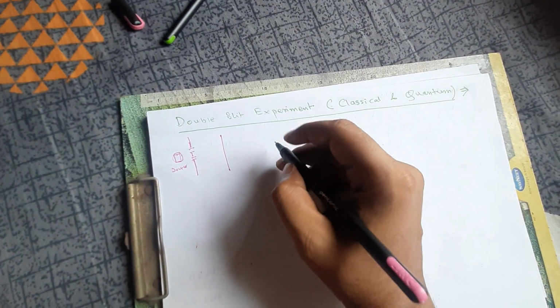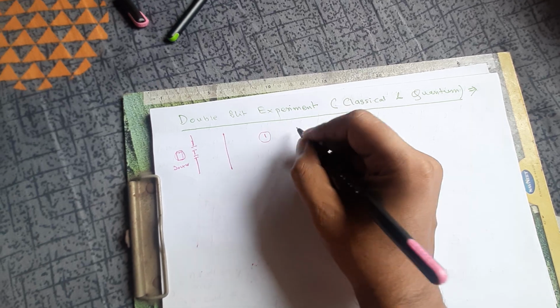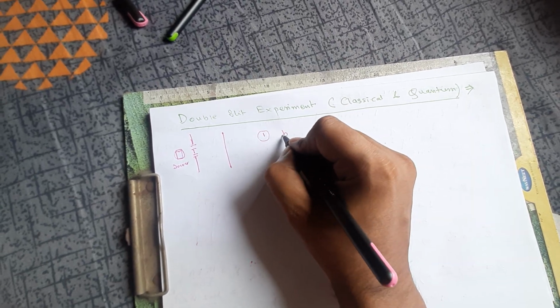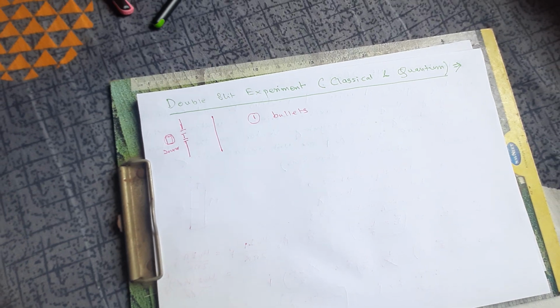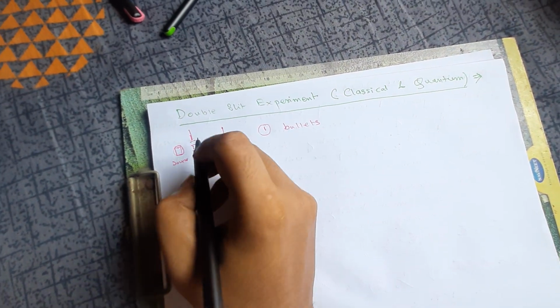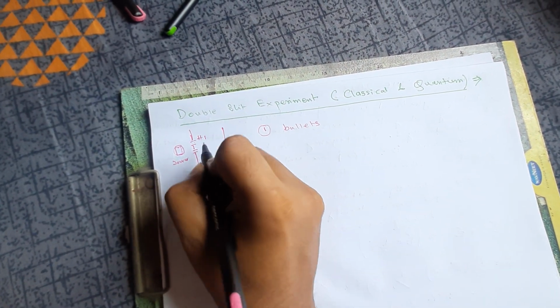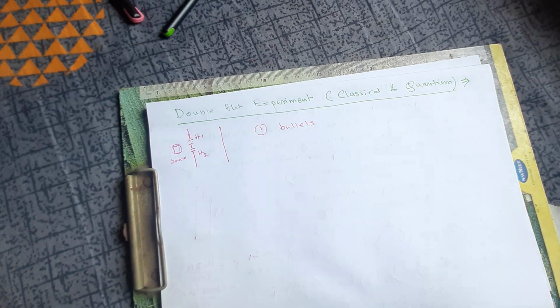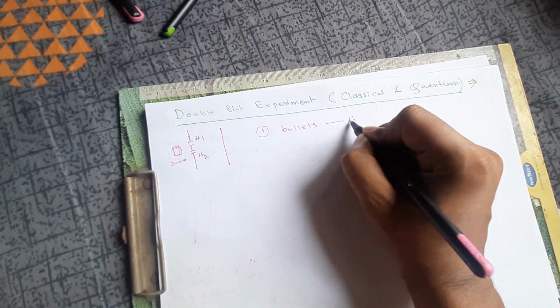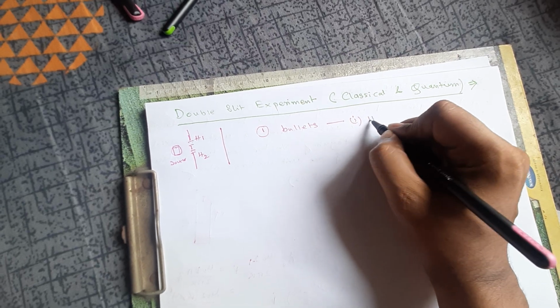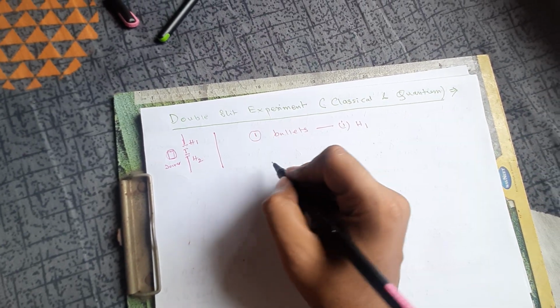In the first case, suppose we send some bullets through this. Let's suppose this is hole 1 and this is hole 2. So there are two cases. First case, the bullet goes through hole 1.